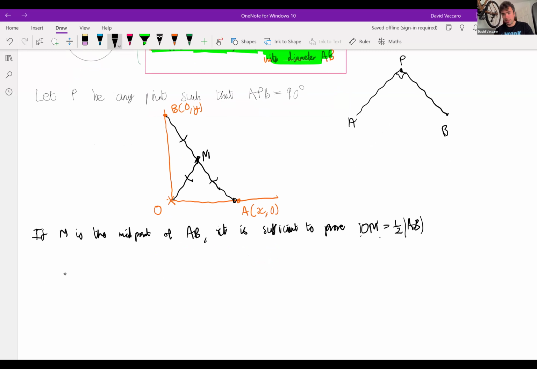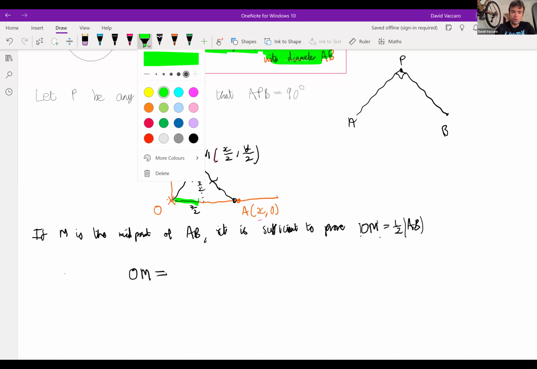Right, so let's do this. And now it's going to be quite simple. So if A and B are as given, x0 and 0y, the coordinates of M are x over 2, y over 2. And so the length OM, by Pythagoras, I can get from its coordinates. So its x coordinate is x over 2, its y coordinate is y over 2.